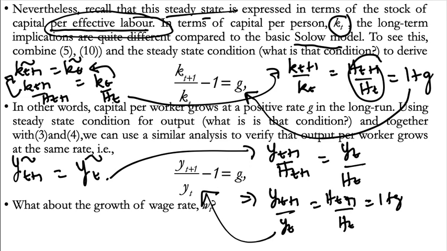Output per worker grows at the rate of g as well. Can you see? When we allow technological advancement in our model, we can have economic growth for capital per worker, economic growth for output per worker. But of course, like I said, for the stock of capital per effective worker, we can have a steady state instead of growth. Okay, same goes for output per worker.